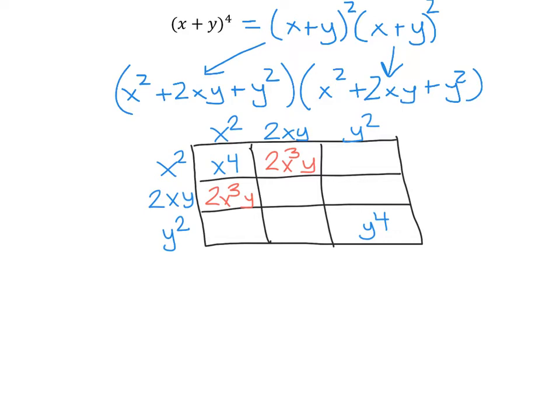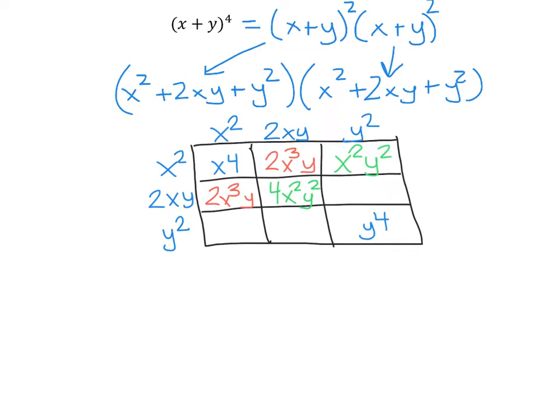And if we move over some columns here, I've got x squared times y squared. I'm going to change colors again just to help illustrate the different terms. This is going to give me x squared y squared. And 2xy times 2xy is going to give me 4x squared y squared.